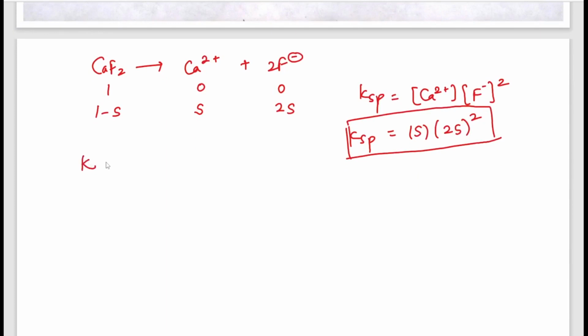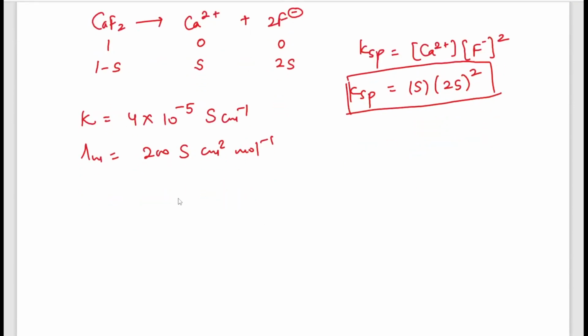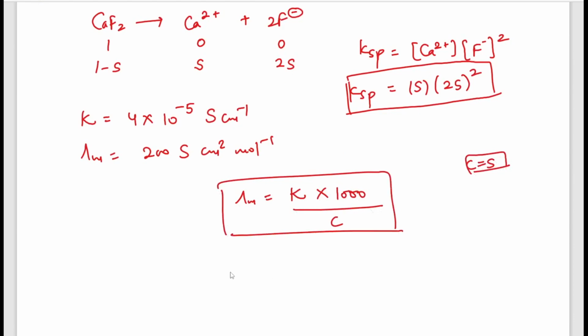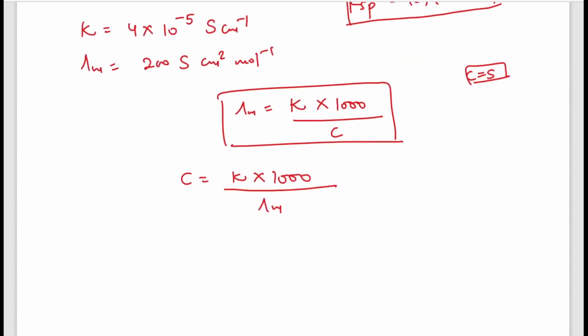Now first of all we have to find the solubility, which is our concentration. To find that, they are giving us the specific conductance kappa and the molar conductance, which is 200 Siemens centimeter square mole inverse. We can consider concentration as solubility, using this expression. The concentration will be kappa multiplied by 1000 centimeter cube per liter over the molar conductance.